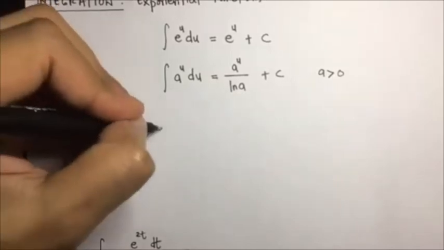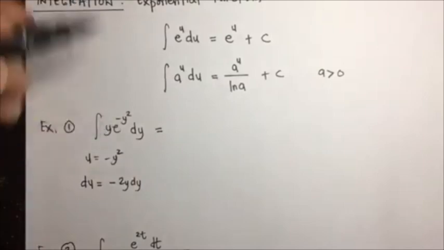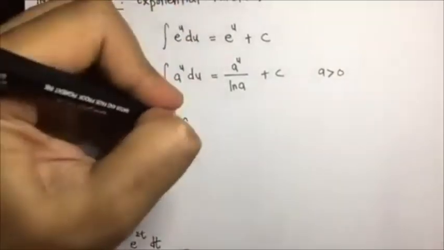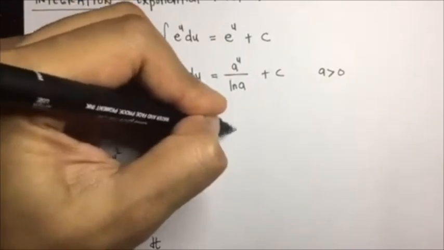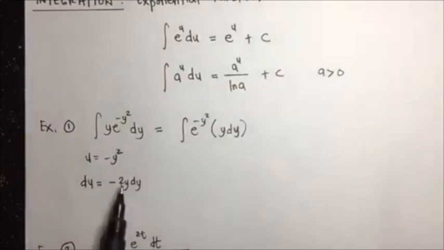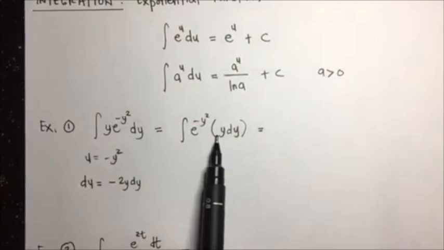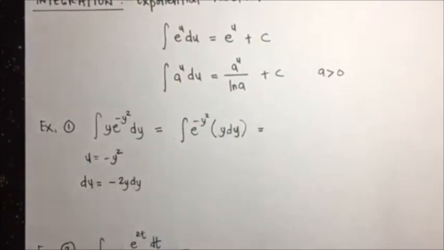If we rearrange this, transferring y beside dy, it becomes the integral of e to the negative y squared times y dy. The complete differential should be negative 2y dy, so we must multiply by negative 2, and to balance that out outside the integral sign, we write the reciprocal of negative 2.